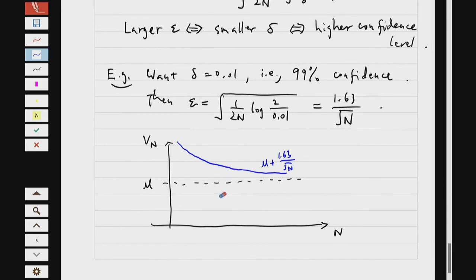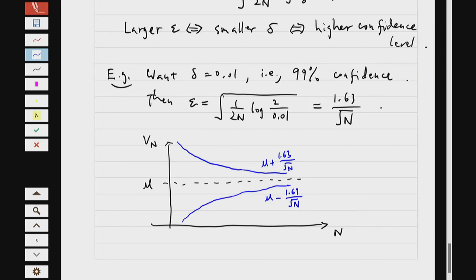Not quite symmetrical, close enough. Not my day of drawing. But anyway, mu minus 1.63 over square root of m, like that.